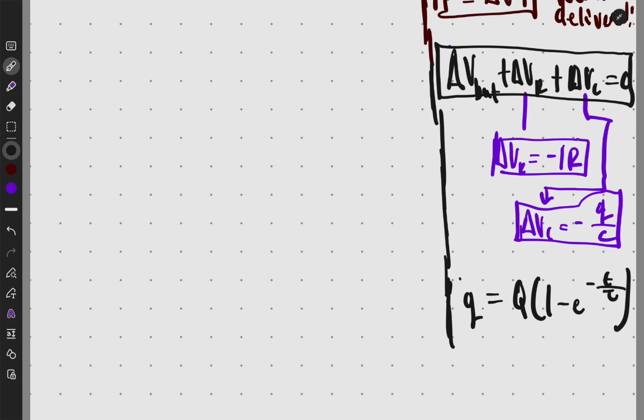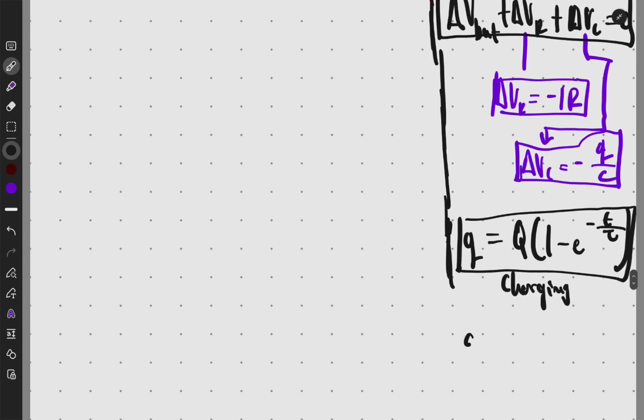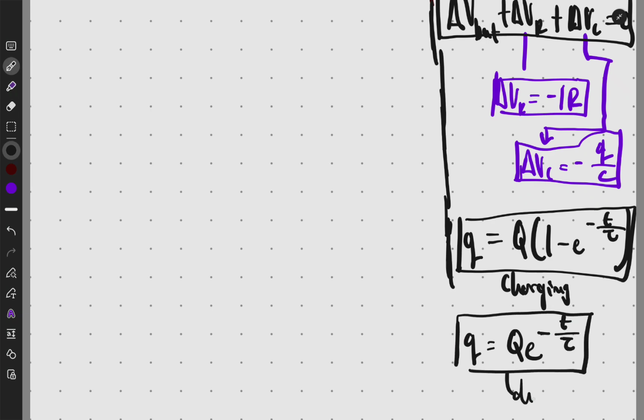This is the equation for charging of your capacitor. For discharging, q is just the maximum charge times e to the negative t over tau. There is no 1 minus. This is for discharging.